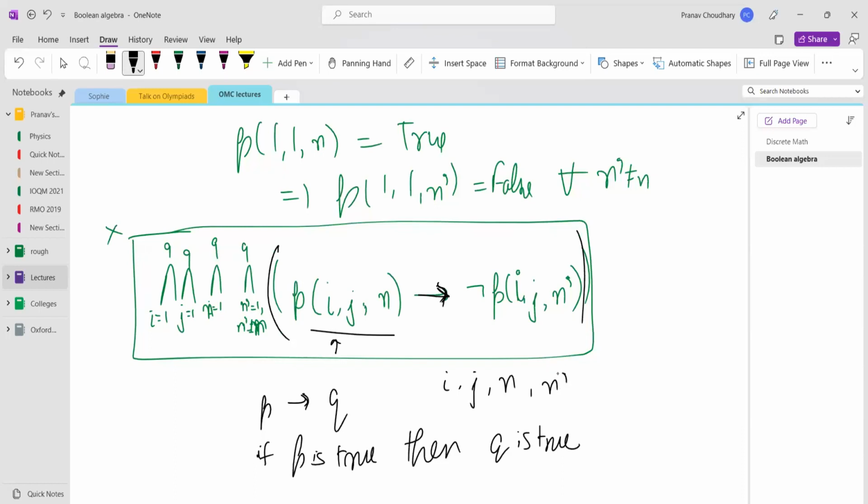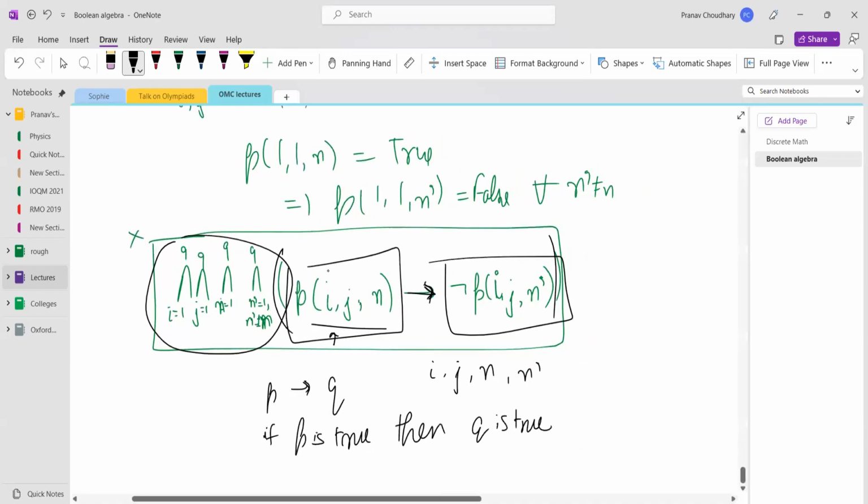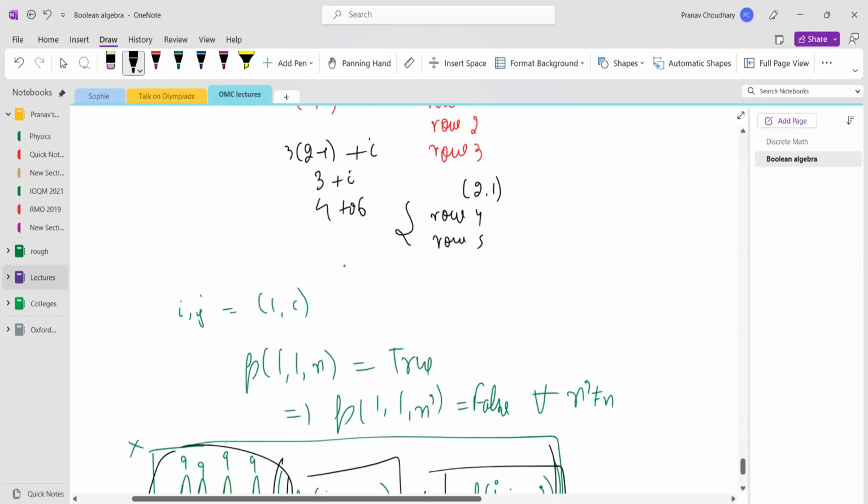Once you have I, J, and N dash fixed for some numbers, it says that if this is true, which means the particular cell I comma J has the number N, then this implies that not having number N dash in I comma J should be true, which means N dash cannot be in the I comma J cell. This is what this condition means. And this is just iterating over all the numbers, nothing else. Thank you, sir.